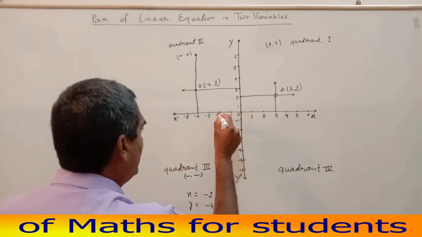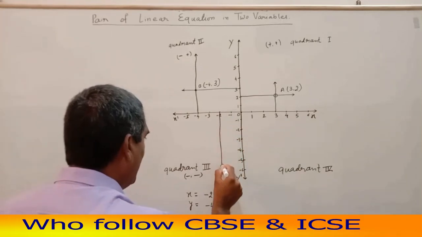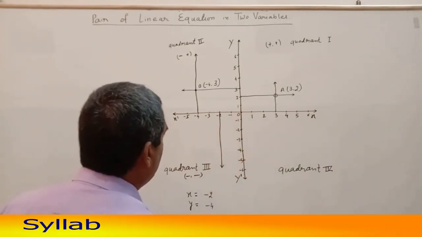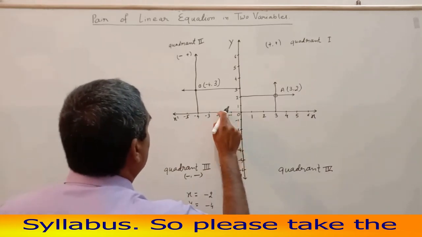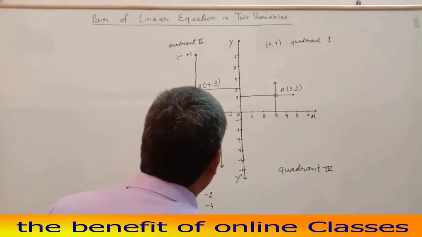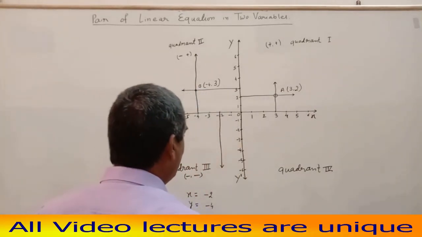As x has the value minus 2, from minus 2 we have to draw a parallel line, this line, parallel to the y-axis. This one is 2, and y is minus 4.